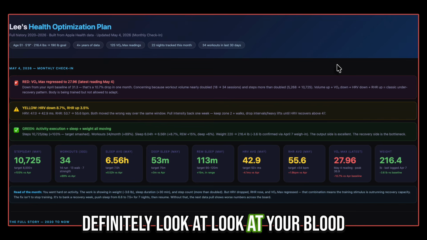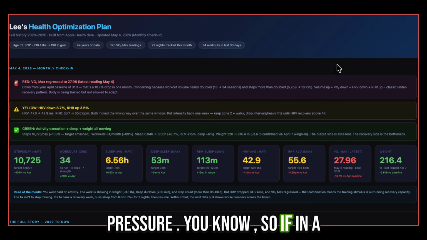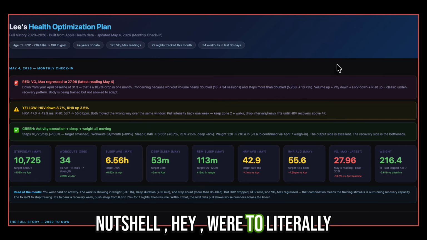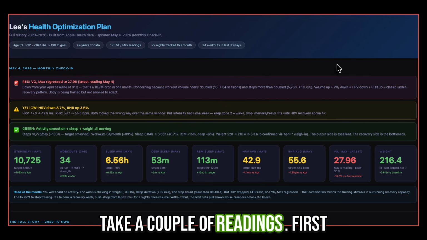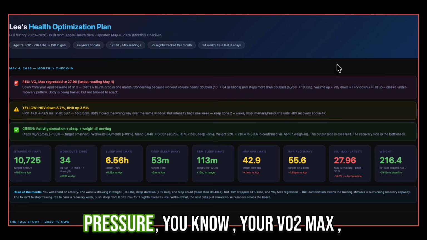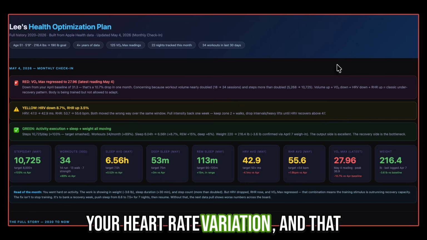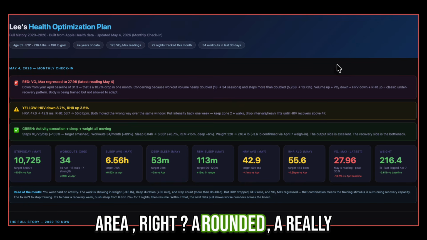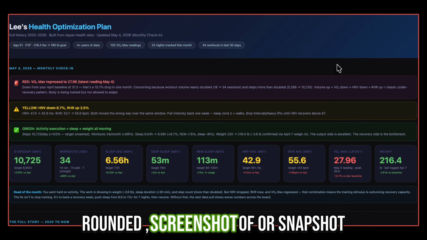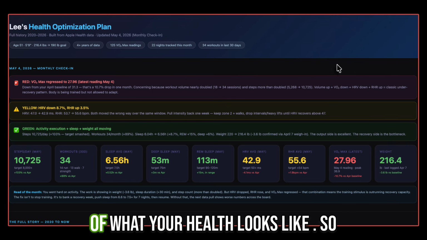If I were to stop you randomly and take a couple of readings, first would be blood pressure, your VO2 max, and your heart rate variation, and that will give us a really rounded snapshot of what your health looks like.